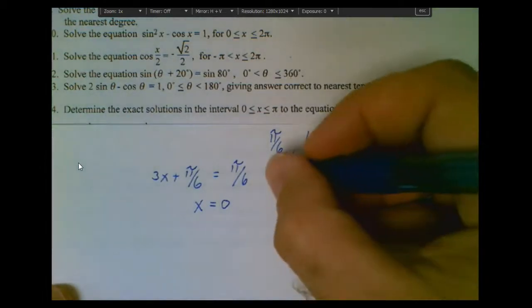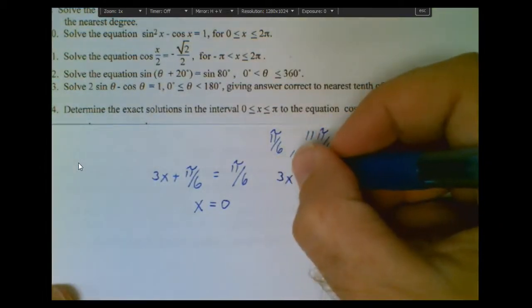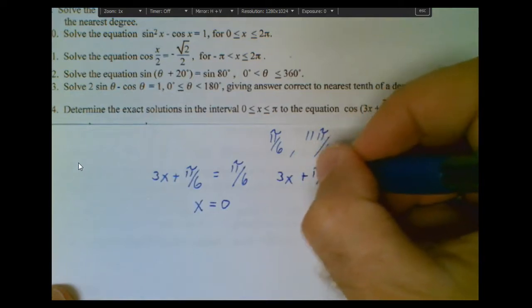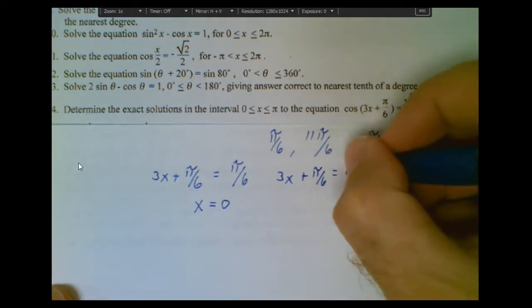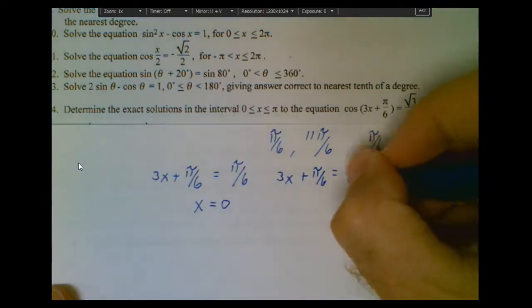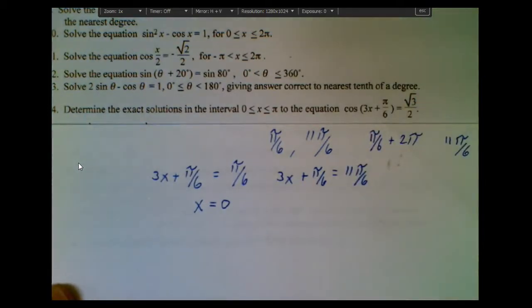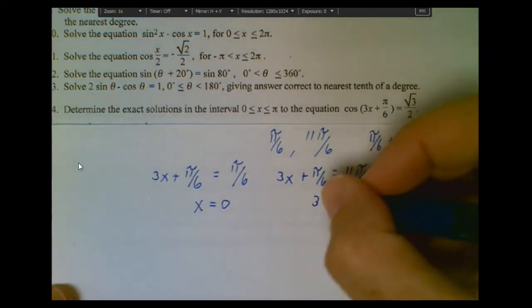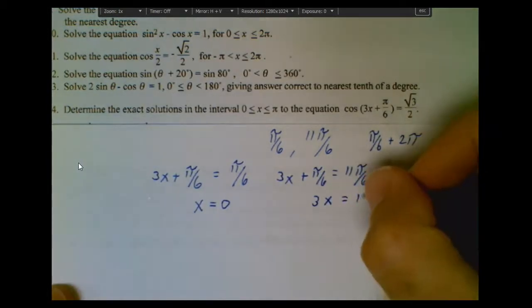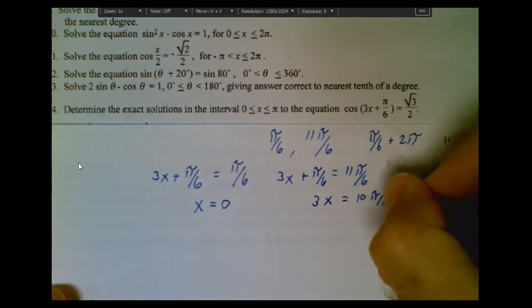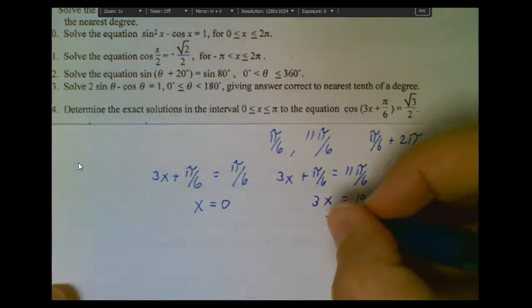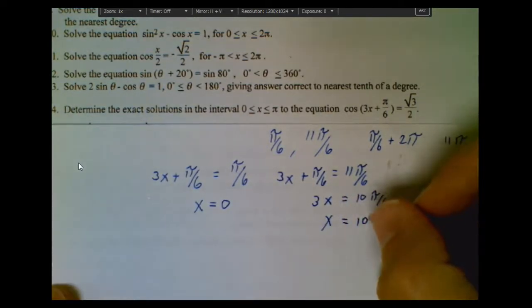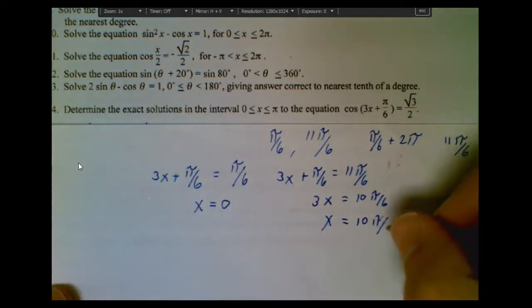If I move on to the next one, 3x plus pi over 6 equals 11 pi over 6. If I start solving that, if I subtract pi over 6, I get 3x equals 10 pi over 6. And if I divide that by 3, I get 10 pi over 18.